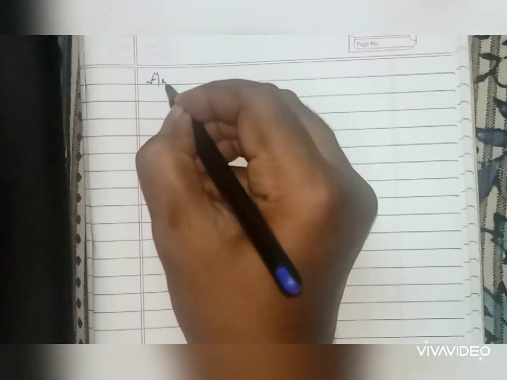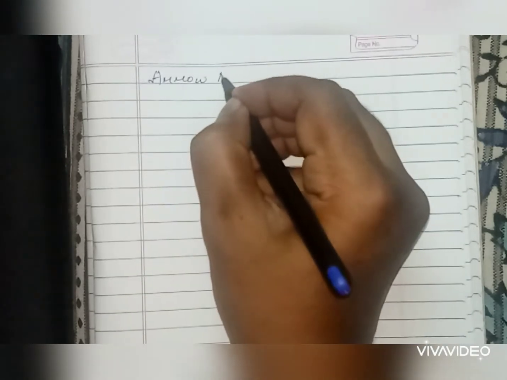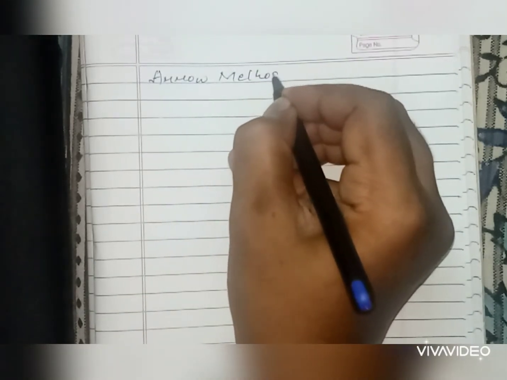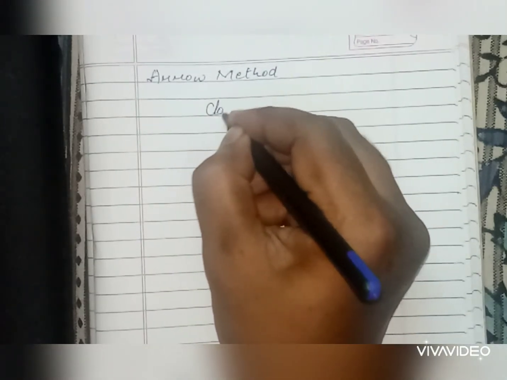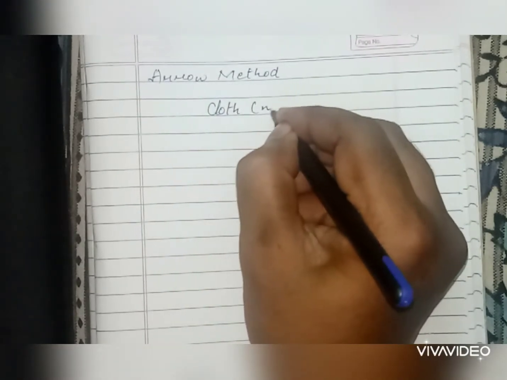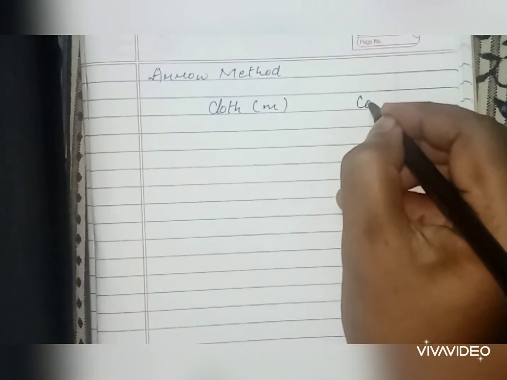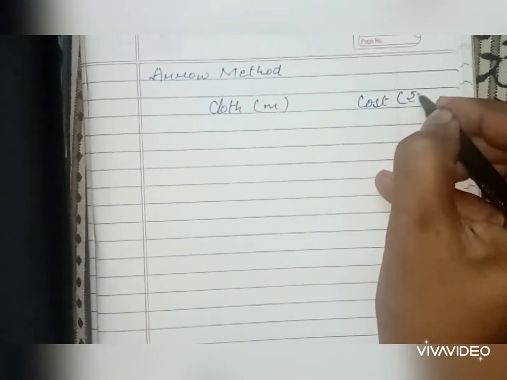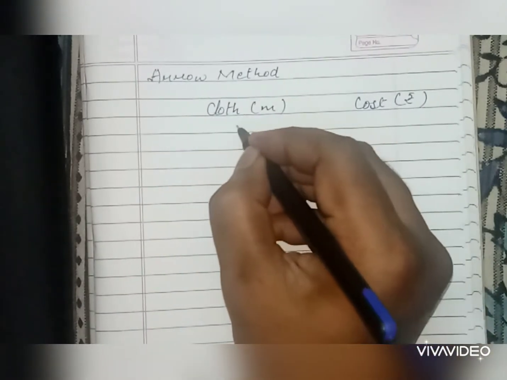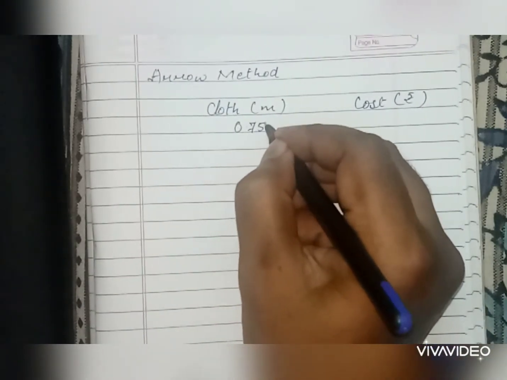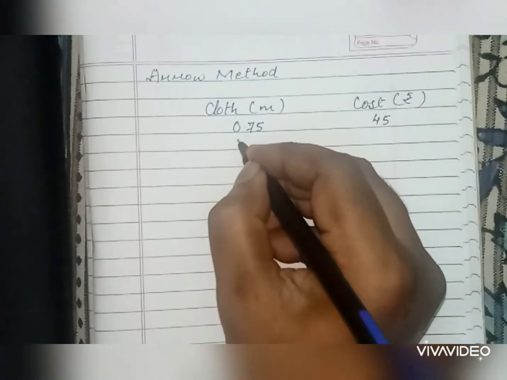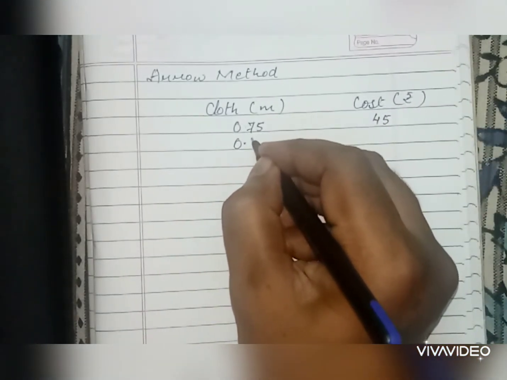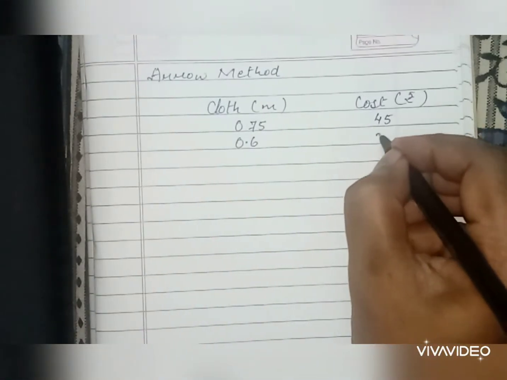So now let's see the arrow method to solve the same question. So first we will write the cloth in meter, and here the cost of that cloth. Okay, so 0.75 meter cloth is costing rupees 45. So how much will 0.6 meter cloth cost?